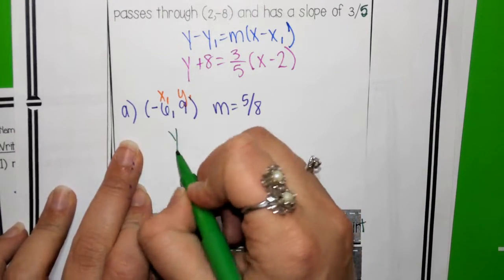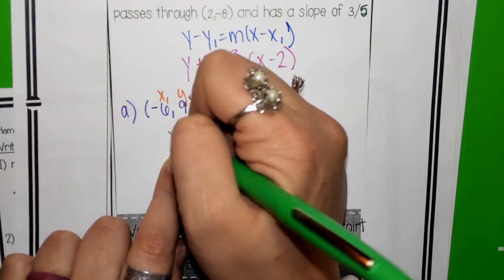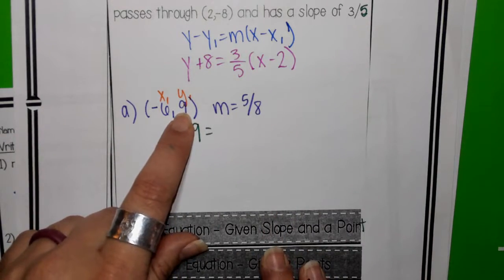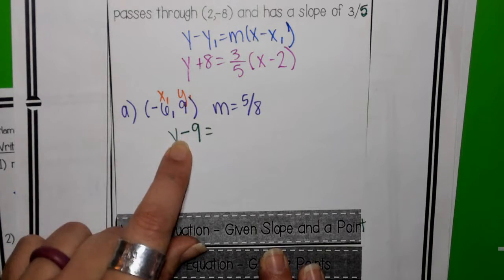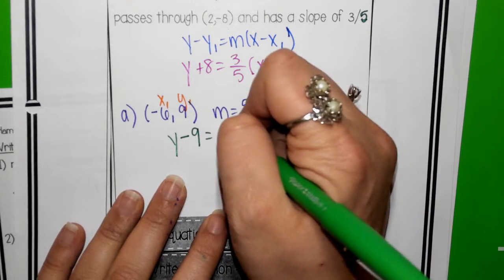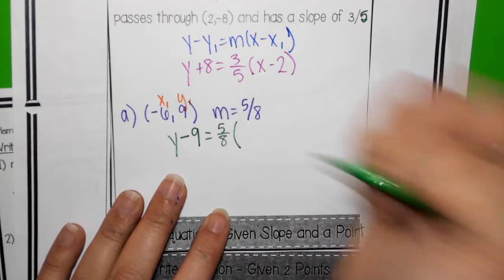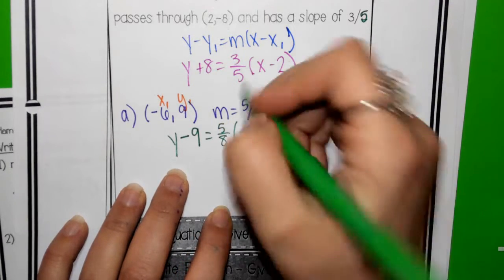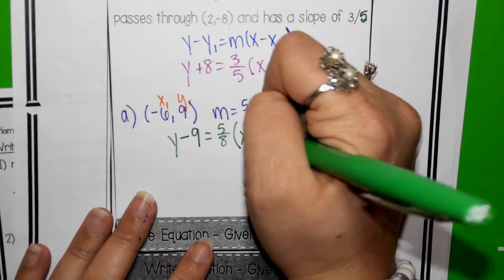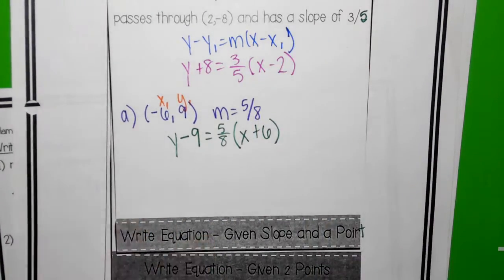So is it going to be Y minus 9 or plus 9? Minus 9, because it's the opposite of our number. This is a positive 9, so the opposite is minus 9. Equals M. What's our slope? Parentheses. What comes next? Now, is it going to be plus 6 or minus 6? Plus 6.